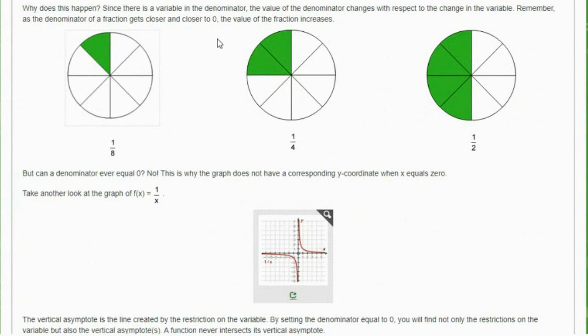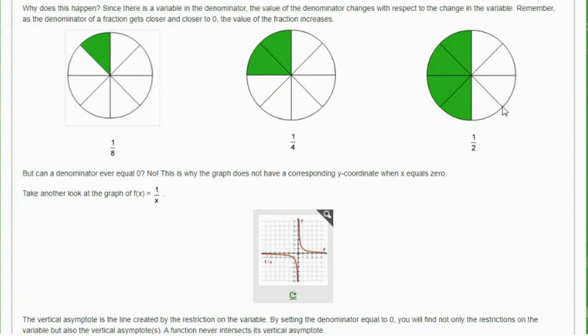As the denominator of the fraction gets closer to 0, 1 divided by x, and as x gets closer to 0, that's 1 divided by a very, very small number, so the value of that fraction increases. 1 divided by a half is 2, but 1 divided by a fourth is 4, and 1 divided by an eighth, 0.125, is 8. If you divide by 0.1, it's 10. So the smaller that x gets, the larger the value is going to get.